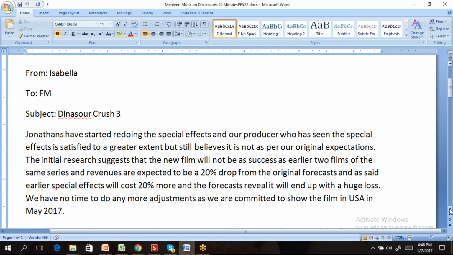Now, why we prepare financial statements and give them to our shareholders and other interested parties is that the objective of the financial statements is to provide useful information for them to make economic decisions. That's the purpose of the financial statements.